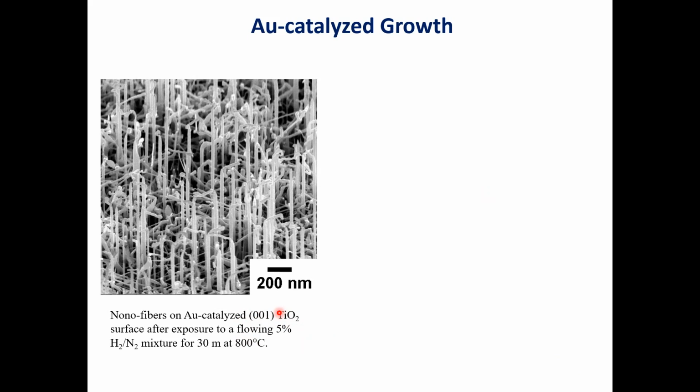And during the hydrogen-nitrogen treatment, the gold actually de-wets and forms gold spheres. And then in the hydrogen-nitrogen environment, we actually grow this TiO2 fiber. So there is growth vertical, perpendicular to the 001 direction, as well as, by tilting the sample in TEM, you can see in-plane growth as well, in the 110 direction.